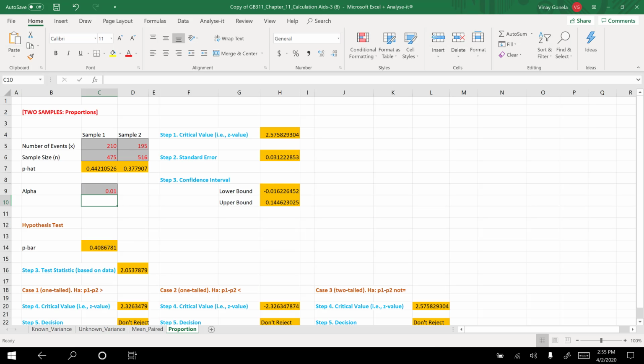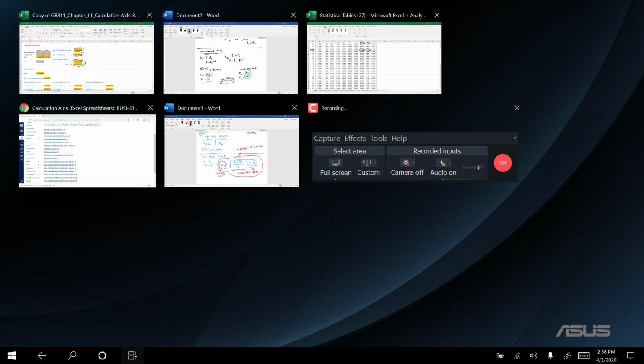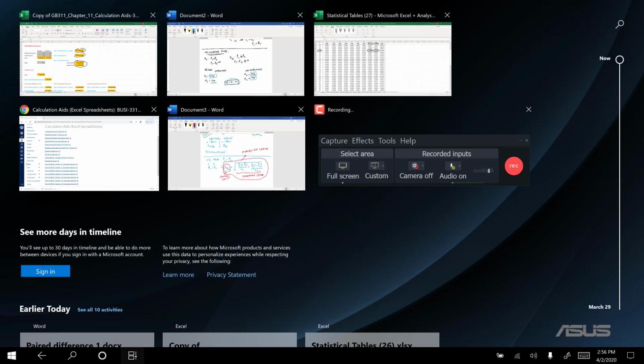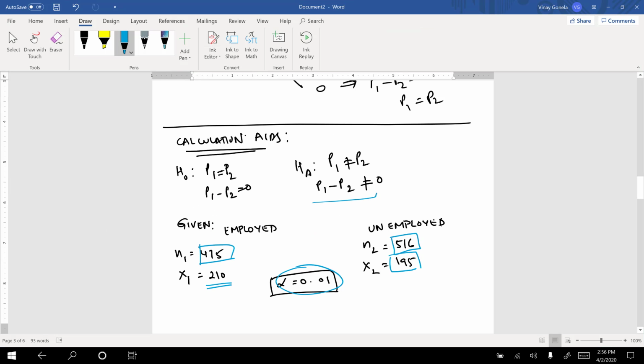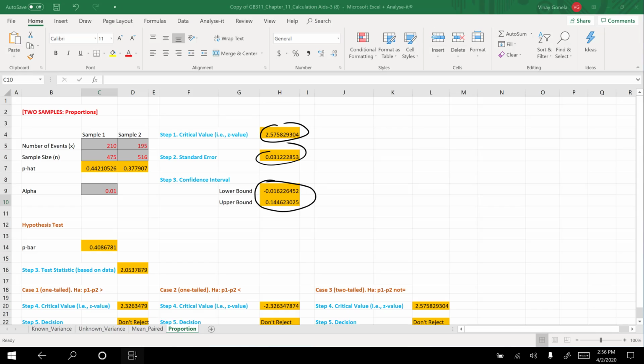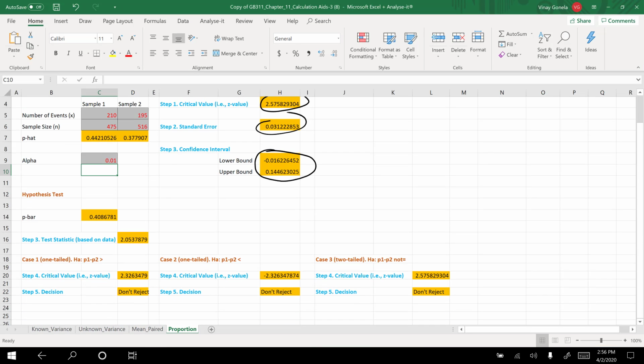So if you see, this is the critical value for the confidence interval, this is the standard error, and then this is the lower bound and upper bound, negative 0.0162 and positive 0.1144. And because our hypothesis is P1 minus P2 not equal to, I will go to our sheet and look at P1 minus P2 not equal to, so I will be using this case.